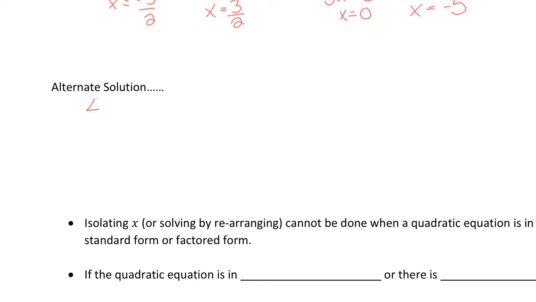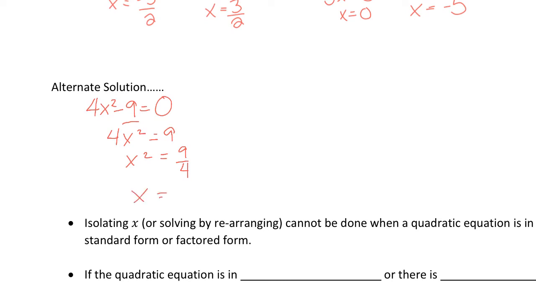So we started off again with 4x squared minus 9 equals 0. Because there's only that one instance of x, I can move this negative 9 to the other side. So I get 4x squared is equal to positive 9. And then I can divide both sides by 4. So I get x squared is equal to 9 over 4. And remember, when I have an equation and I square root both sides, I will always have a positive or a negative solution for x.